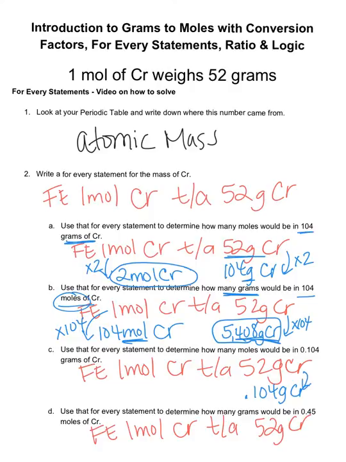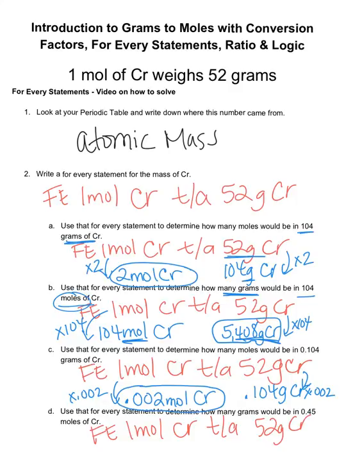When I divide 0.104 by 52, I get 0.002. So if I multiply this by 0.002, I'm going to end up with 0.002 moles of Cr. So it's the same process there.